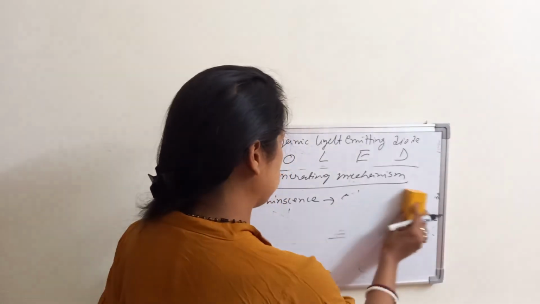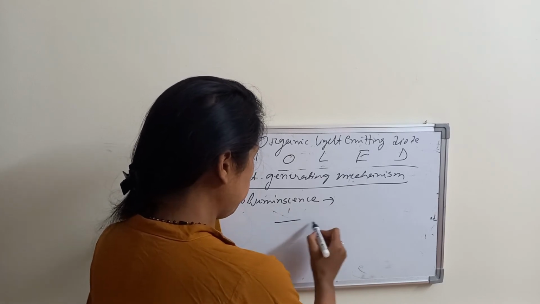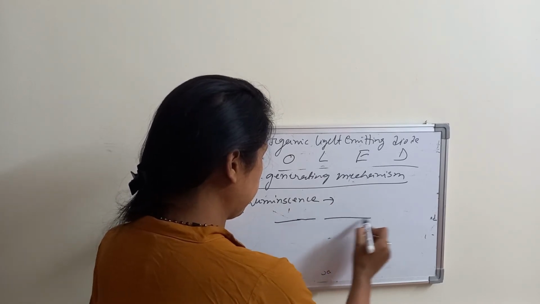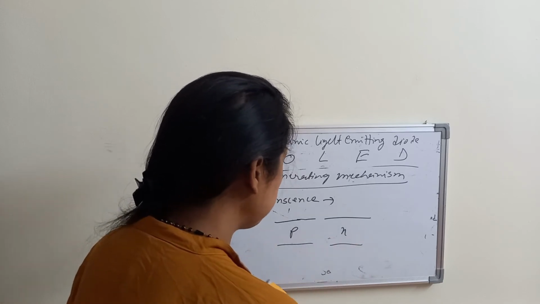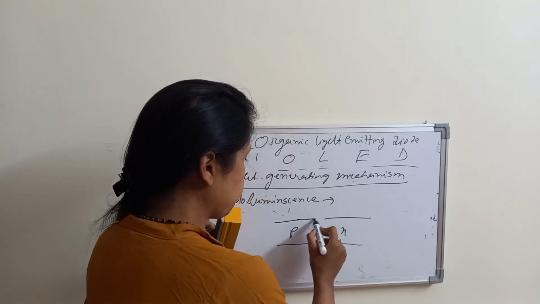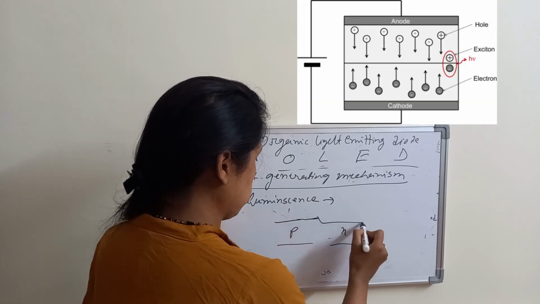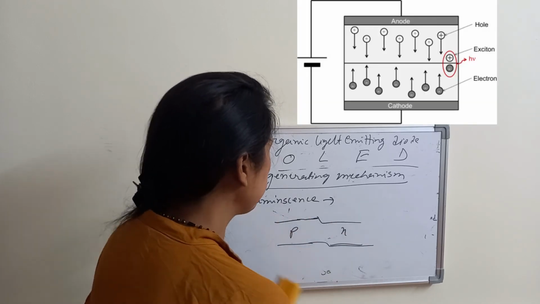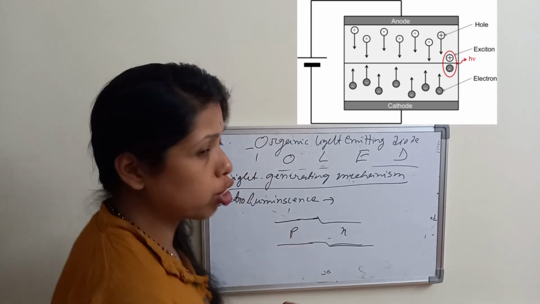So here my input signal is the electrical signal. Suppose this is a device, one is a p-type semiconductor, another is an n-type semiconductor.